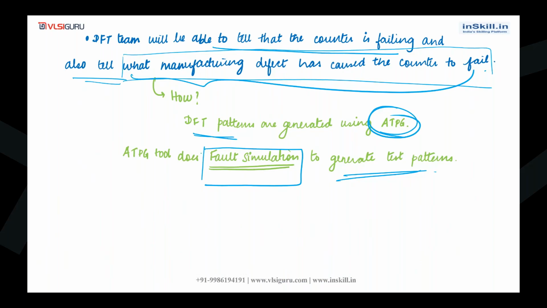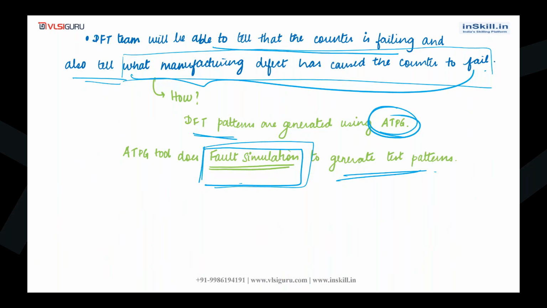The ATPG tool does a technique called fault simulation to generate the test patterns. Because of that only, the DFT team will also be able to tell what manufacturing defect has caused the counter to fail.